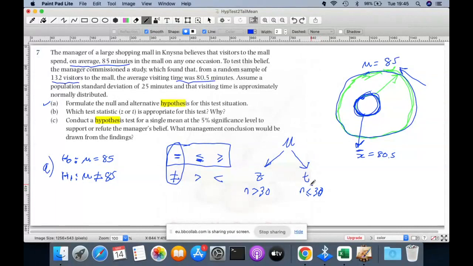The only time this is overridden, say your n is 15, which is smaller than 30, the only time you would use a z-stat even though the sample size is less than 30 is if the question explicitly tells you that the sample is drawn from a normal distribution. If they tell you it's drawn from a normal distribution, then you use the z-stat irrespective of the sample size.